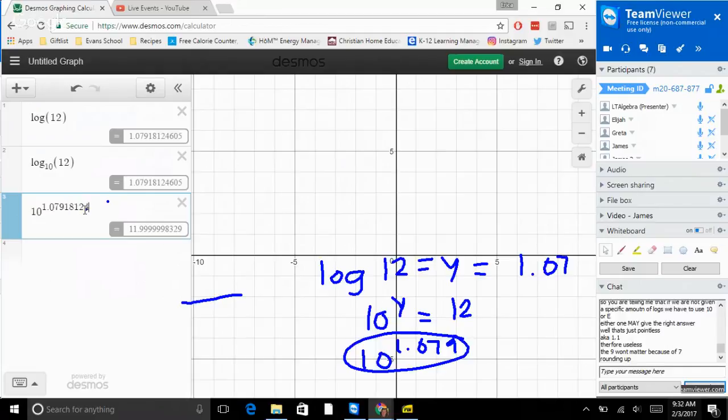So you see for every number I put in, I get closer and closer to 12. It's so close, right? So that's how the relationship works with each other. Is that when you take the logarithmic function, you take the log, then you have this relationship with the exponent.